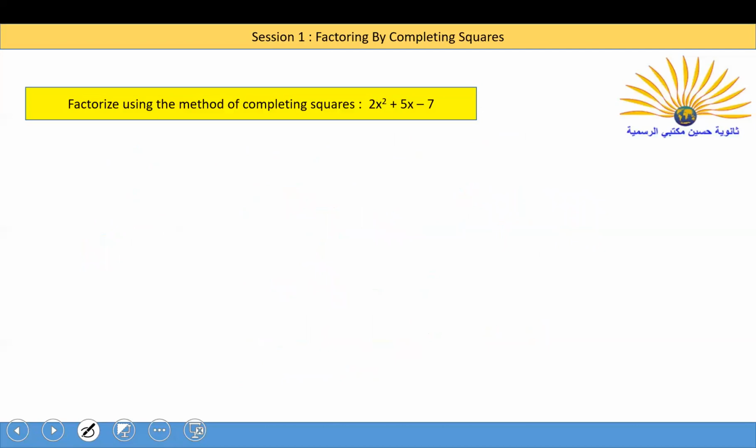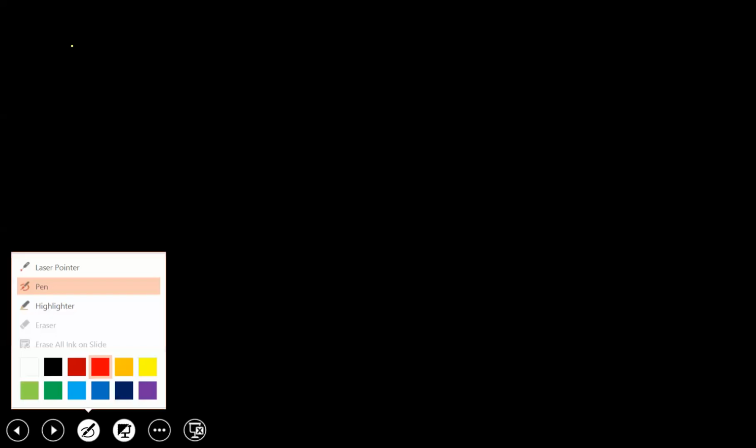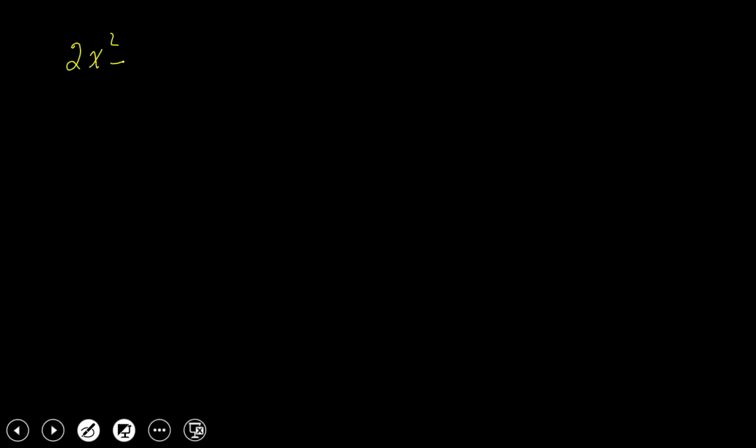Let's see another example. Here we have a problem also. What is this problem? We have 2x squared plus 5x minus 7. The problem here is that the coefficient of x squared must always be 1.